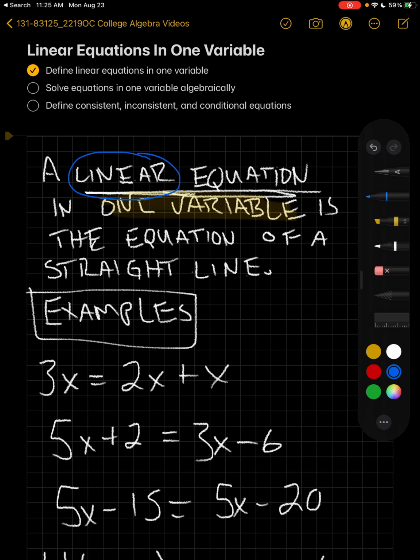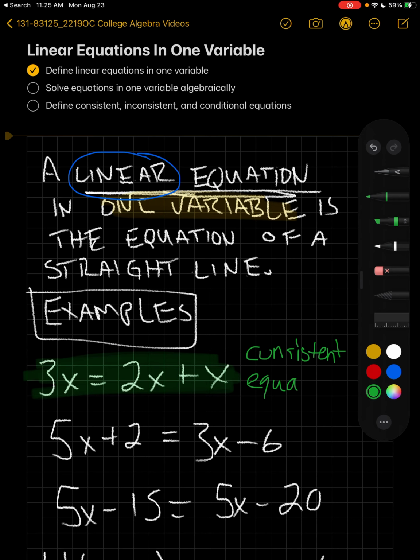We're going to do some solving, and in the process of solving, we're actually going to define consistent, inconsistent, and conditional equations. So we're going to do this example highlighted in green first, and it turns out that this is going to be what you call a consistent equation.